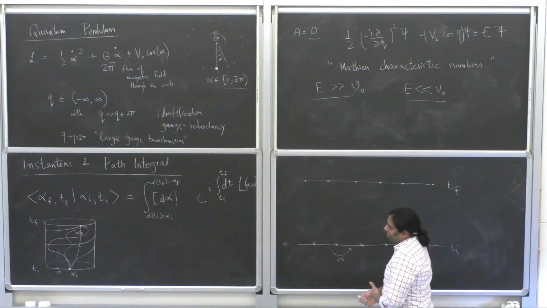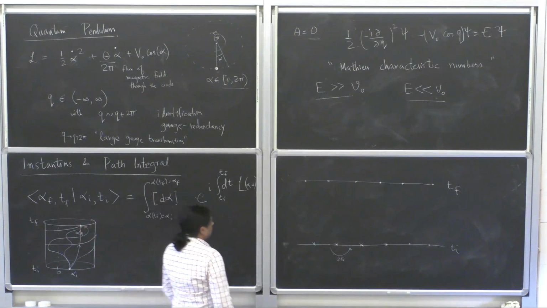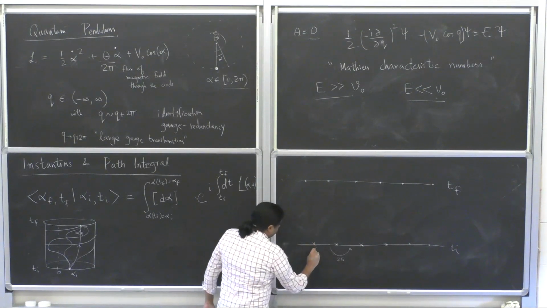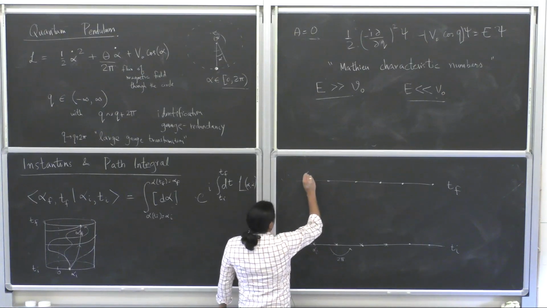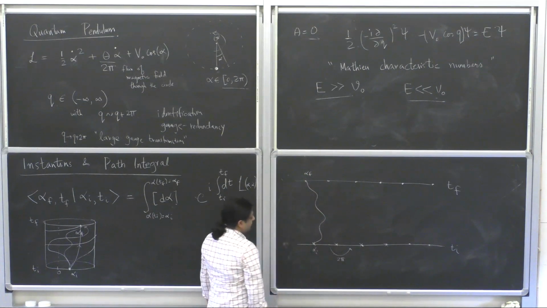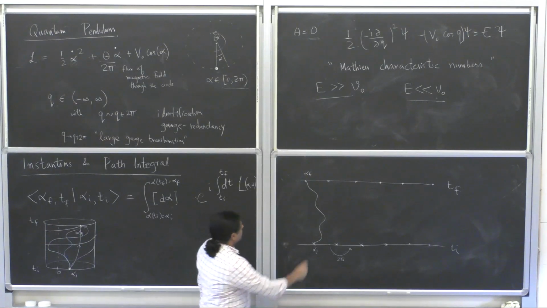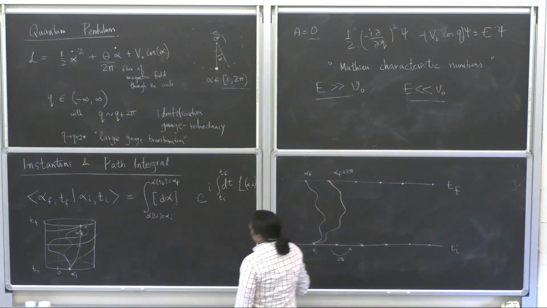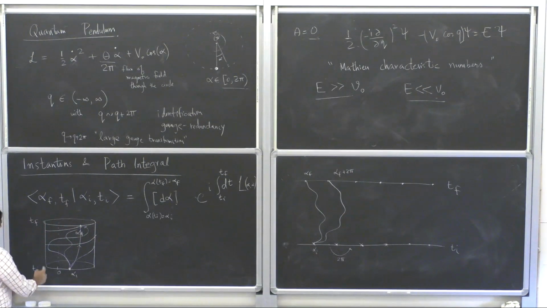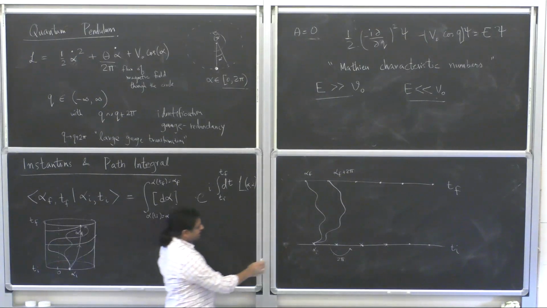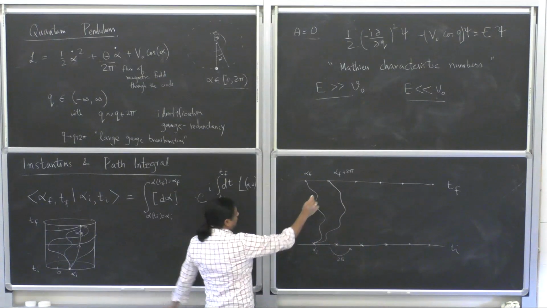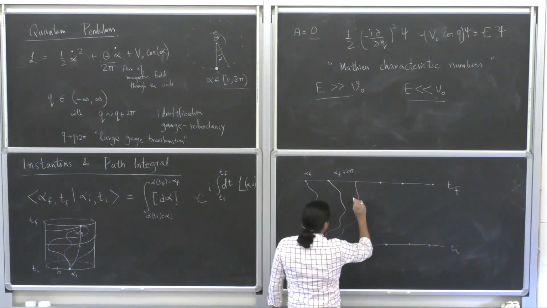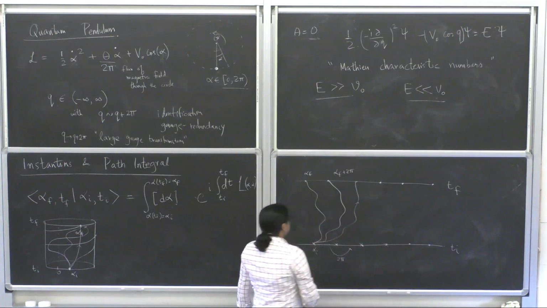The same question now includes the sum over gauge copies as well. If our initial position was here, this was some alpha_i, and this was alpha_f, then there's a path that goes like this. There's also a path that goes to the gauge copy of the same final point. This extra path corresponds to winding around the cylinder one time and ending up at the same point on the cylinder. So the sum over paths, the path integral, is a sum over all these paths.